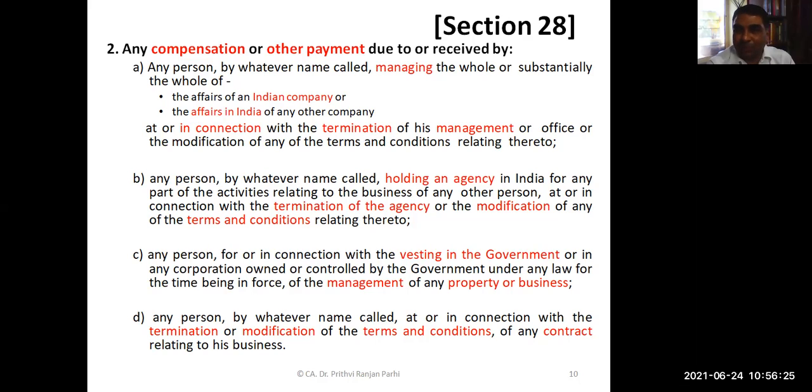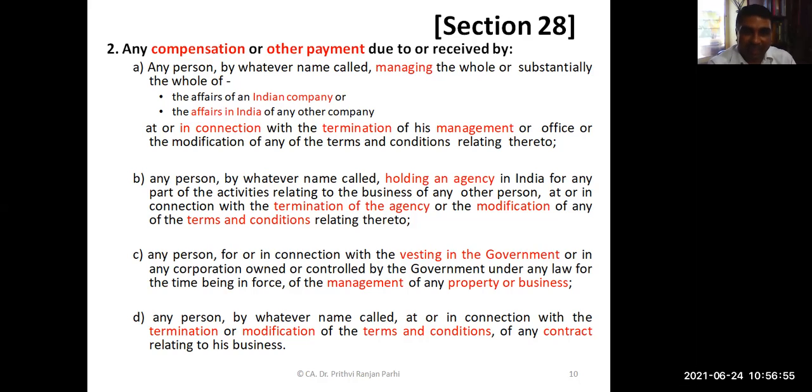That means the person is holding an agency in India for certain activities, he is the agent of any other person, and he is receiving compensation in connection with the termination of his agency. Either his agency contract is getting terminated or modified. For this termination or modification, if he is receiving any compensation, the compensation will be taxable under the head PGBP.